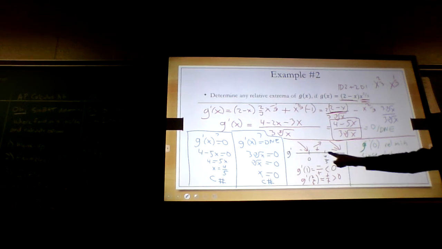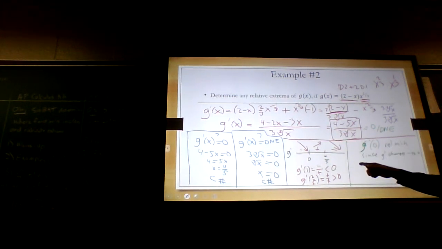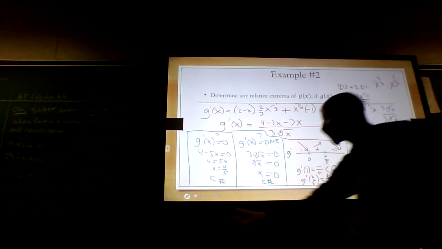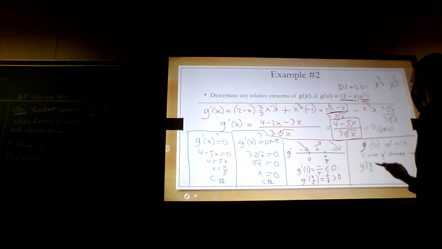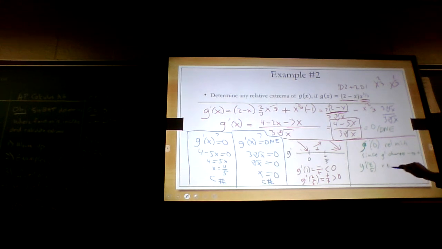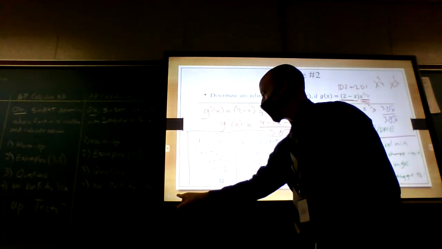It went from up to down. So guess what that has to be? Relative max. So G prime for this is going to be a relative max since G prime changes signs from positive to negative.